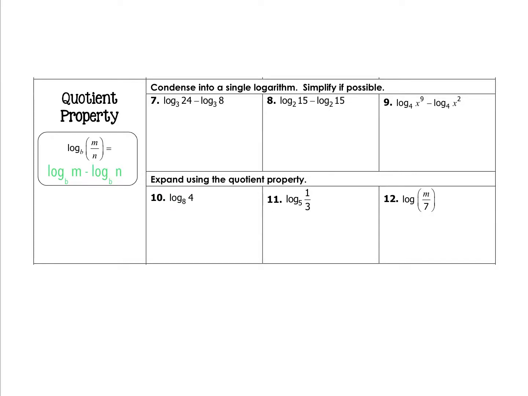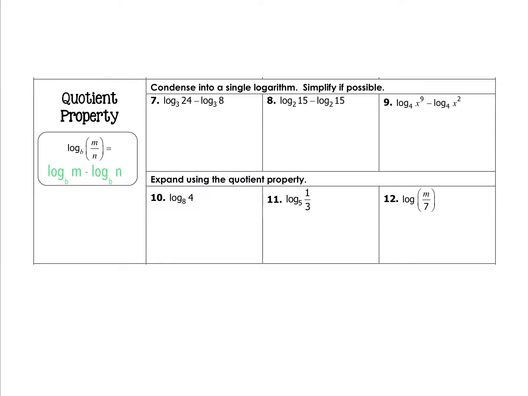So let's go ahead and look at number 7. It's wanting me to condense it into a single logarithm. So I'm going from an expanded form to a simpler version, and it's asking me to simplify if possible. So if I'm going from subtraction to division, chances are I might have a fraction that needs to be simplified. All right, so we have log base 3 of 24 minus log base 3 of 8.